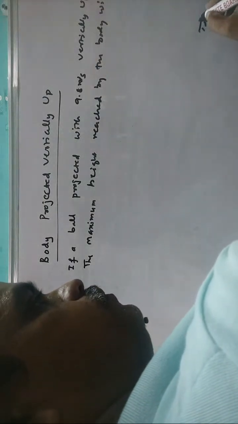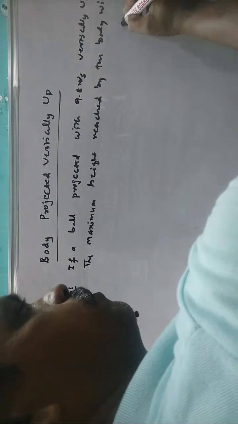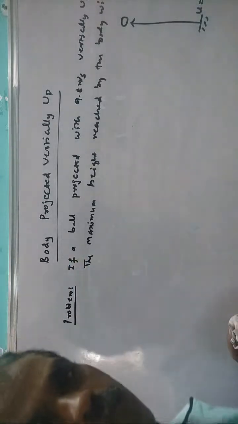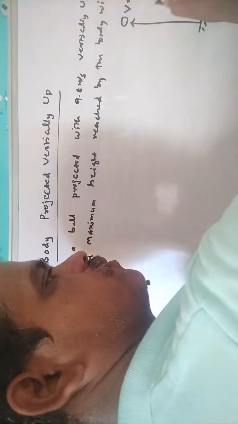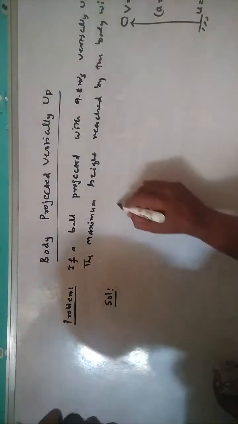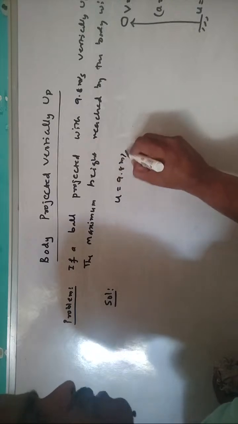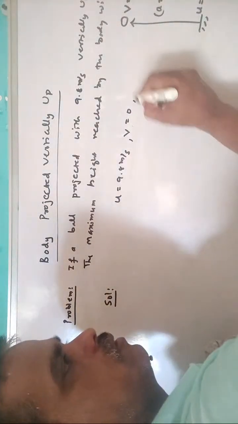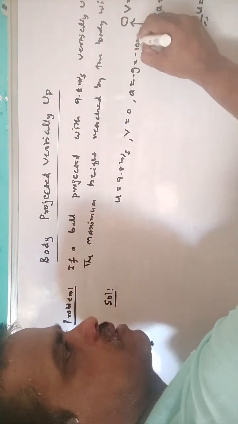So here this is the body, we are projecting vertically up, u equal to 9.8 meter per second. At maximum height v equal to 0, a equal to minus g. So for the solution, initial velocity is 9.8 meter per second, final velocity is equal to 0, a equal to minus g, that is minus 10 meter per second square.